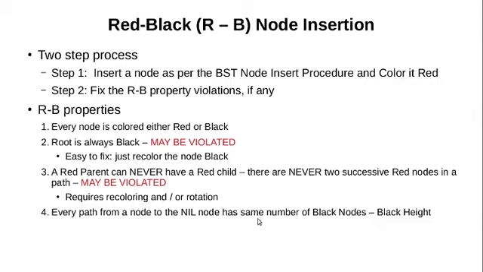Fourth is the black height property. As the new node is colored red, it does not affect the black height of any node. Further, it is ensured that the recoloring or rotations for addressing other property violations do not affect the black height of any node in an unexpected manner.